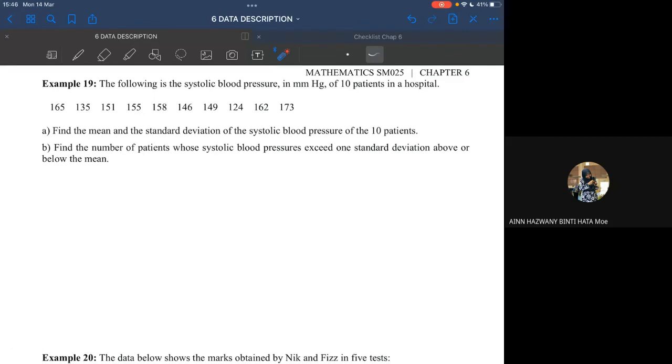Find mean and the standard deviation of systolic blood pressure of the 10 patients. So N is equals to 10. So to find the mean, basically just tambah semua bahagi dengan 10. Okay, 165 plus 135 plus 151.